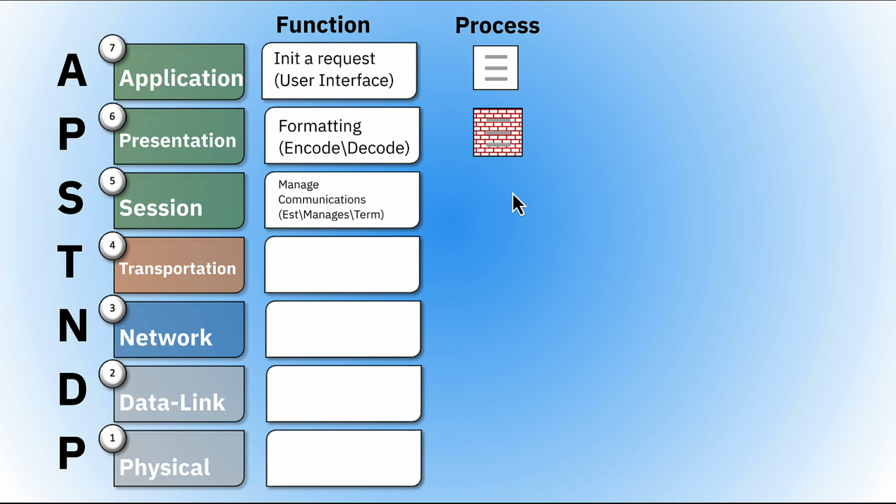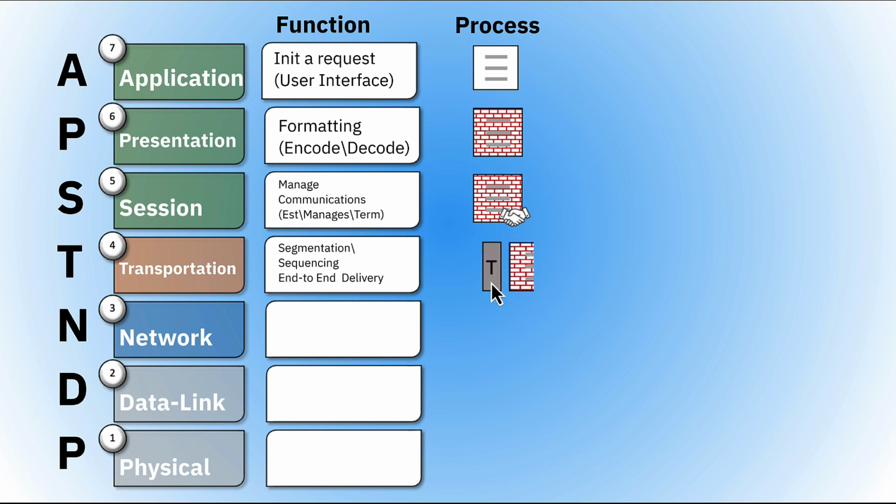The session layer manages the communication, so we establish, maintain, and terminate the connection, keeping track of that information. And then at the transportation layer, this is where things get very interesting. This is where we identify segmentation and sequencing, end-to-end delivery.